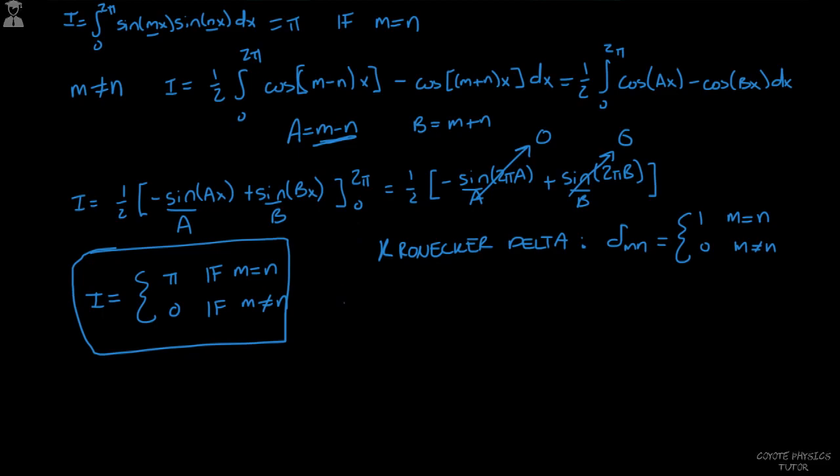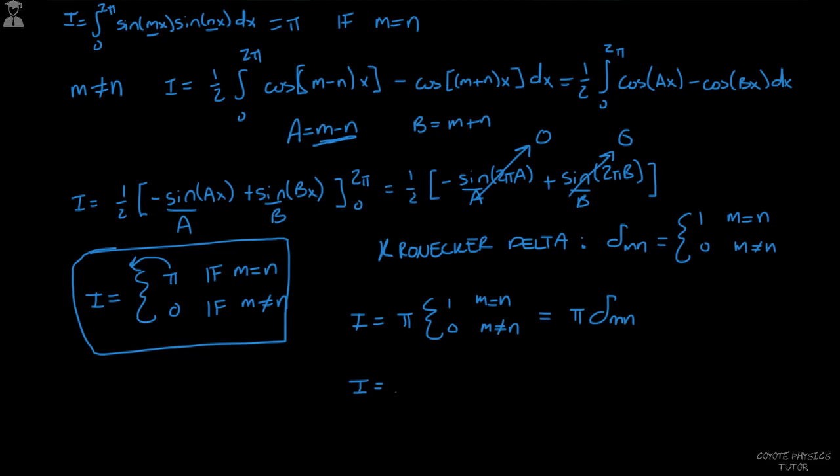And so we can rewrite I, using a simple mathematical tool of just factoring out a pi, and then we get 1 if m is equal to n, and we get 0 if m does not equal n. And so you can notice that we can just rewrite this expression as pi times delta mn.